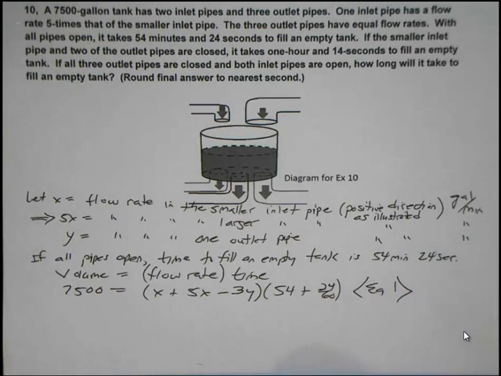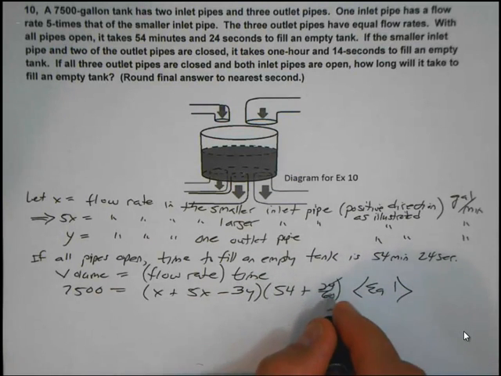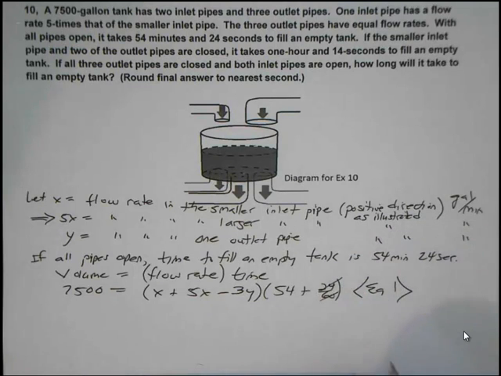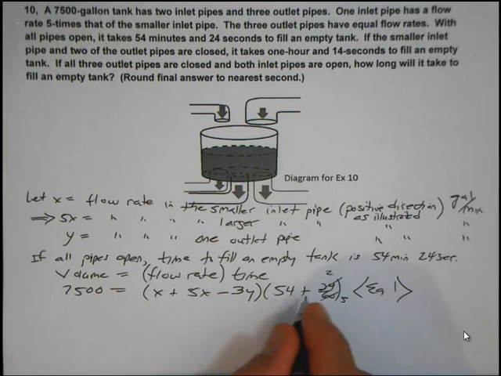Great. I suppose we may want to simplify this a little bit before we move on looking for more information. Okay, x and 5x, that's 6x. And this 24 over 60 simplifies a little bit. A factor of 12 is common. 2 over 5, that would be 0.4, since having an exact decimal number might make this convenient.